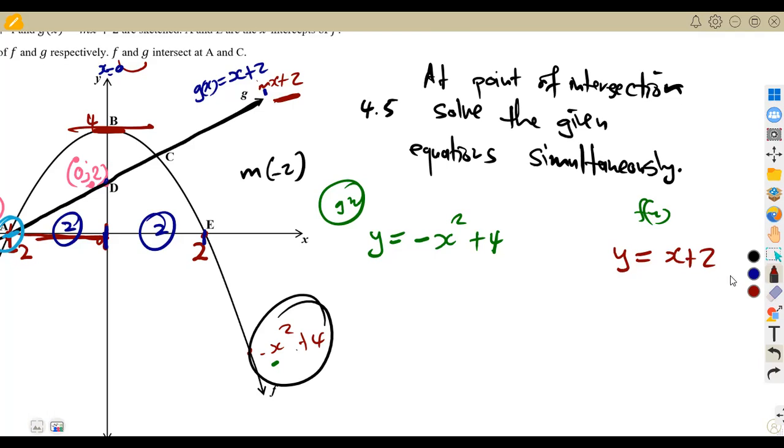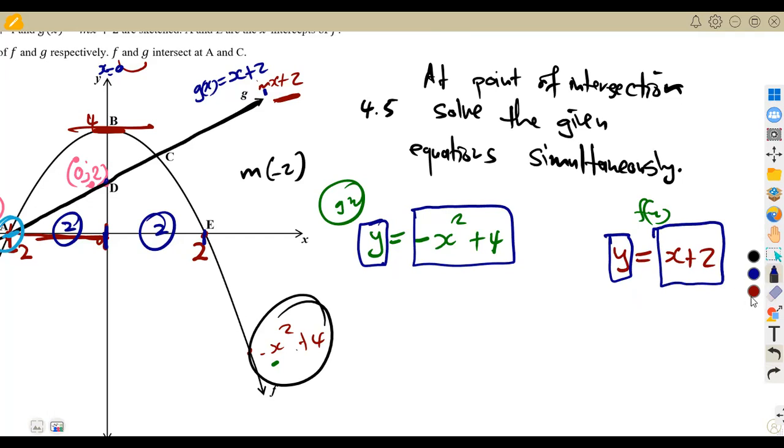Whenever you've got a y like this and another y like this being the same, you simply equate the rest of the parts of your equations. So you're simply going to equate these two. What am I trying to say? I'm trying to say this minus x squared plus 4 must be equal also to x plus 2.